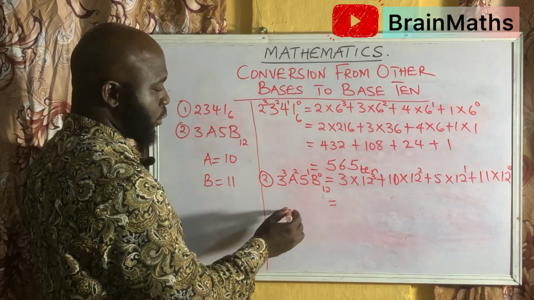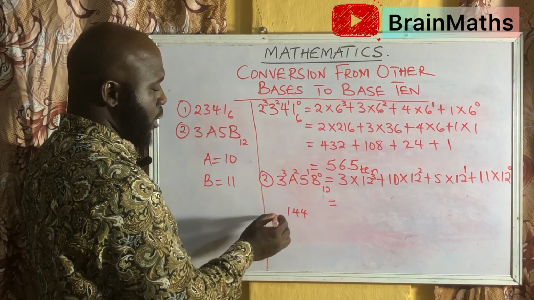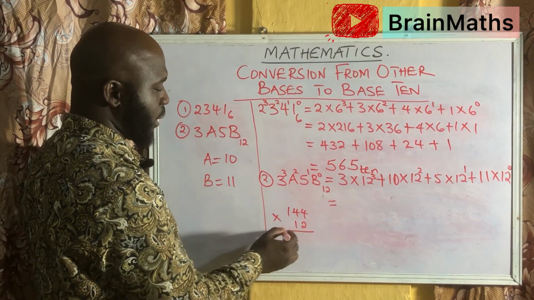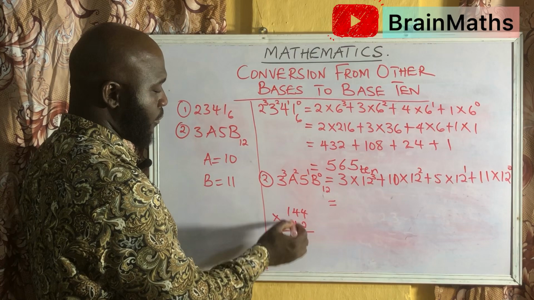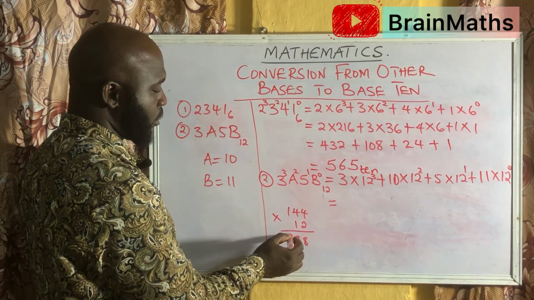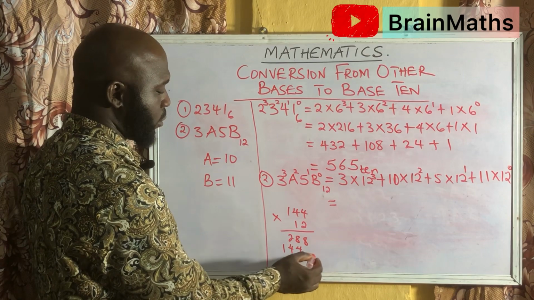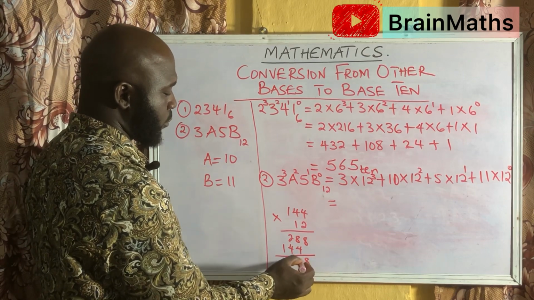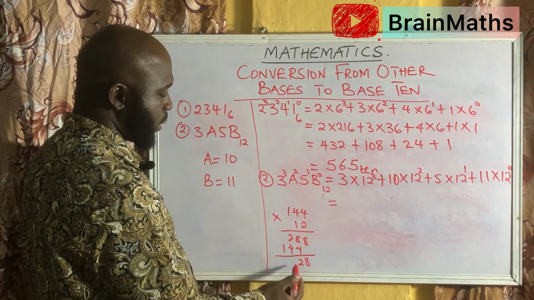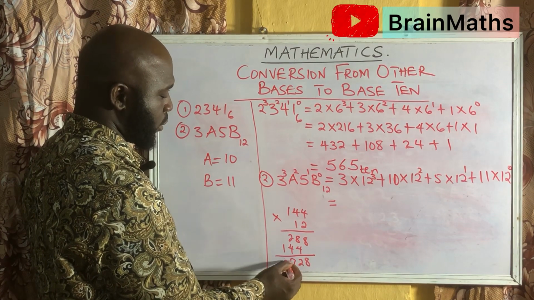So we have 12 times 12 to give us 144, and then 144 times 12 again. 8, 8, and then 2, 4, 4, 1. So we have 8, 2, 6 plus 1, 7, and then 1.